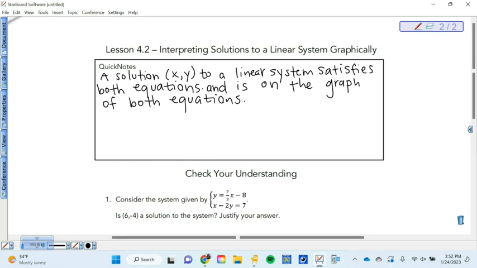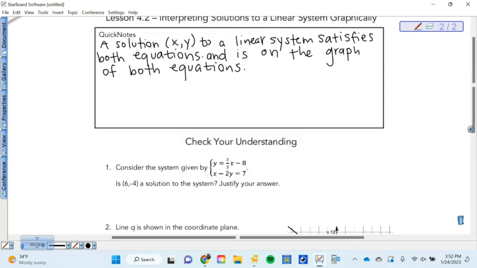Okay. So for number 1, it's going to ask you, is this point 6, -4 a solution to this system? So just like we did on the front side where you plugged in 6 for x and -4 for y, and then you checked the equation to see if it's true, you're going to do that twice.